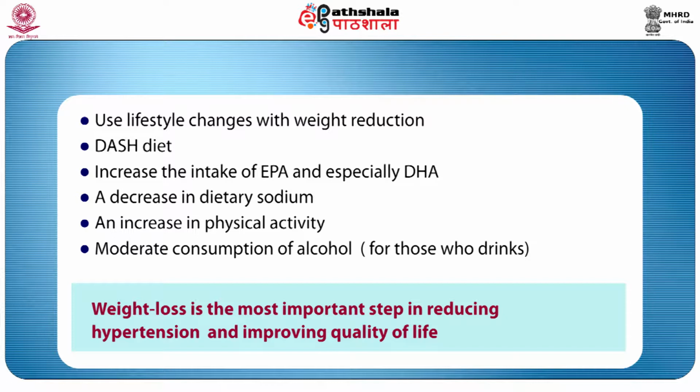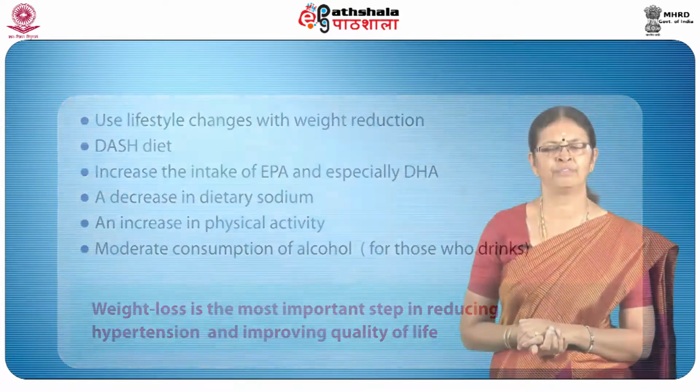Increase the intake of EPA, that is eicosapentaenoic acid, and especially docosahexaenoic acid. A decrease in dietary sodium, that is 2.4 gram sodium or 6 gram sodium chloride. An increase in physical activity for 30 minutes per day and moderate consumption of alcohol. However, weight loss is the most important step in reducing hypertension and improving the quality of life.